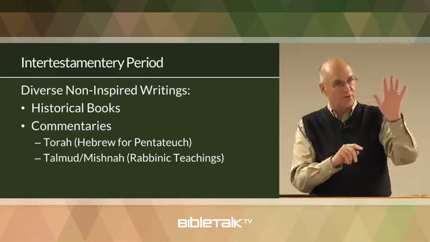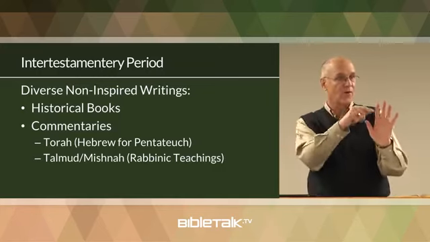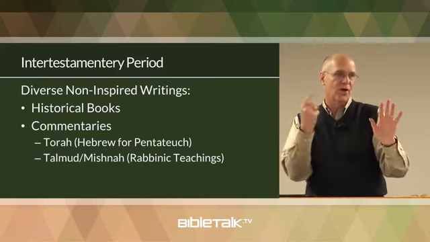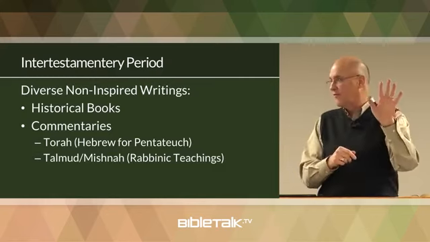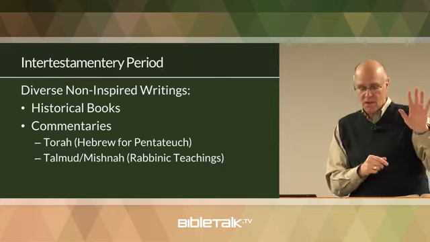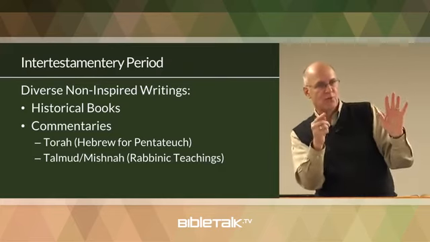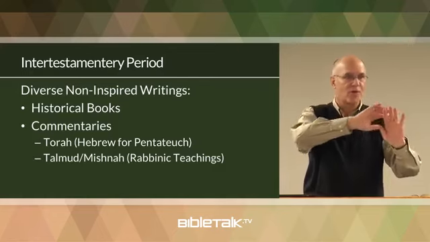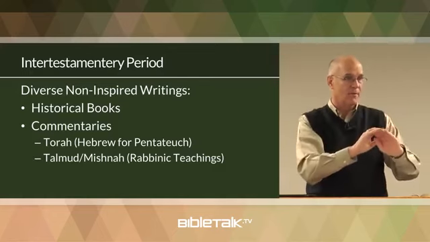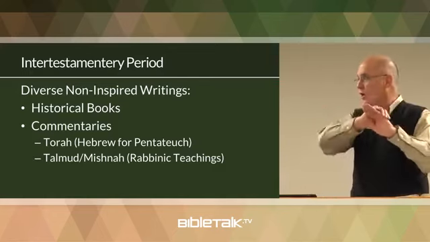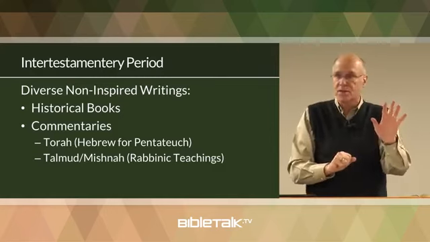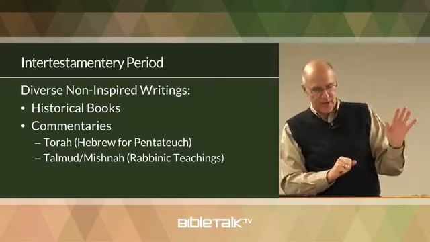Sometimes we refer to those 5 books as the Pentateuch, a Greek term, penta, 5. Well, the word Torah is the Jewish word for these first 5 books. So when the Jews are talking about the Torah, they're talking about the law, the first 5 books of the Bible, all right?